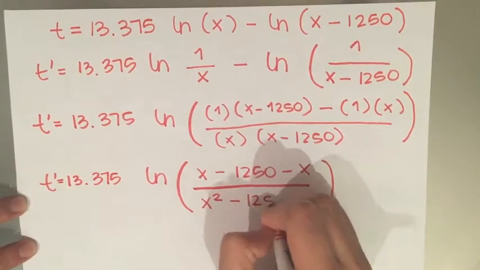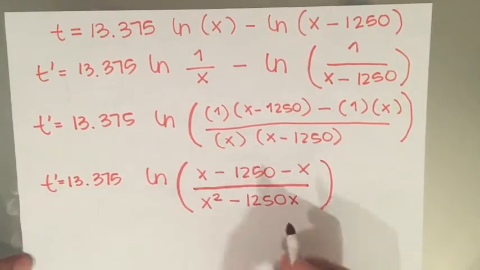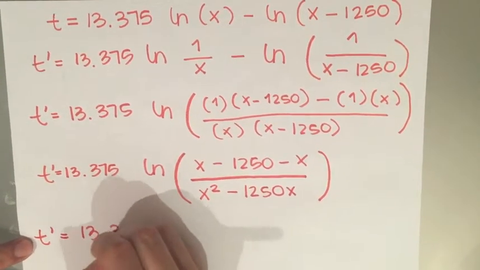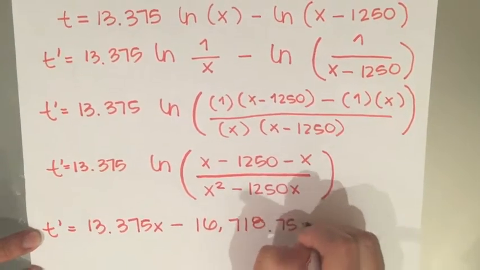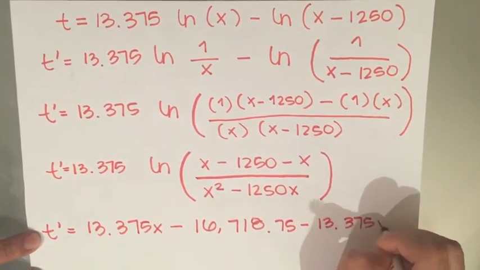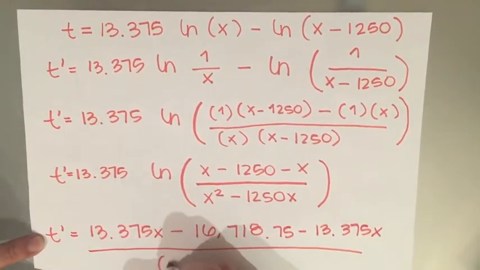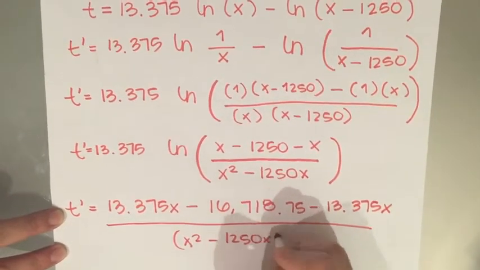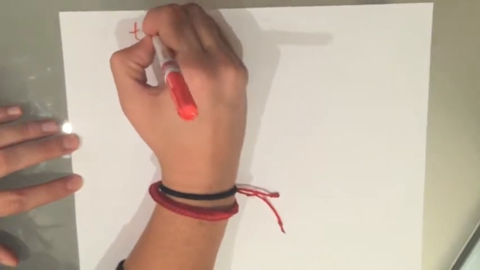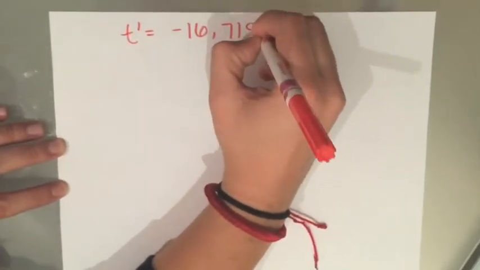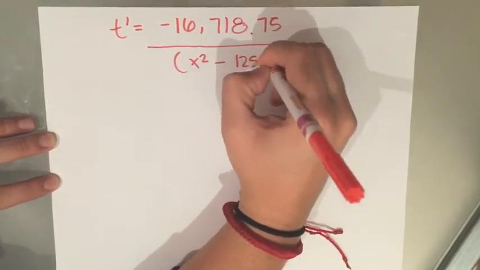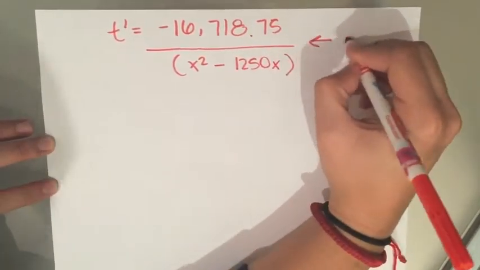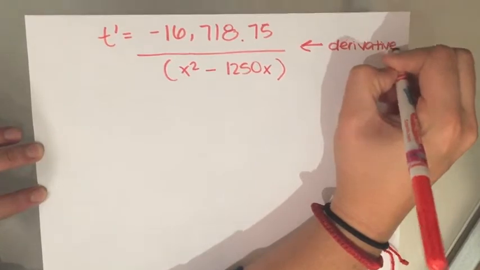We can join also the denominator by multiplying. Then we use the 13.375 with the parentheses, and at the bottom that same denominator. After this, we cancel the excess that we don't need, and we finally have the final derivative.